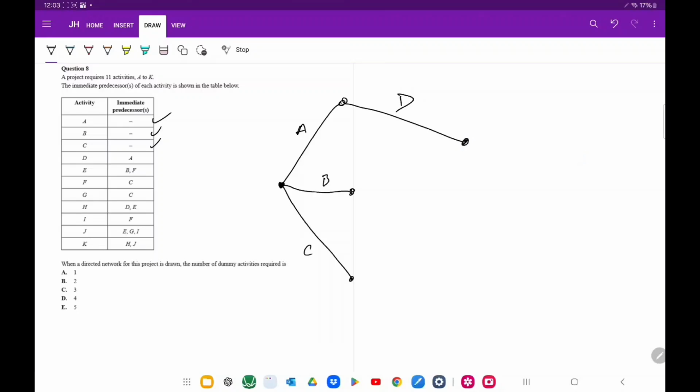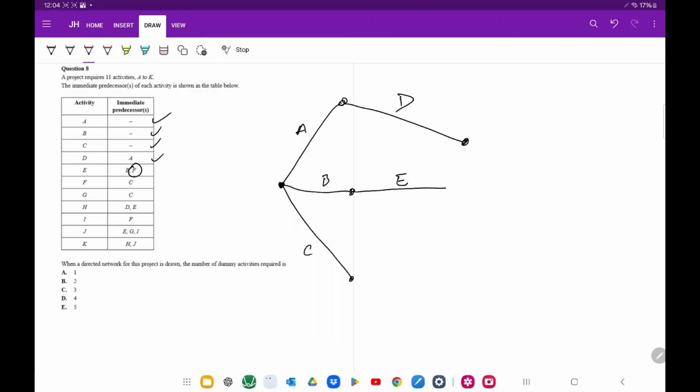Now, we've done this. Now, E has a predecessor of B and F. In order for E to start, it means that B and F need to be completed. So E is here and F needs to be completed.